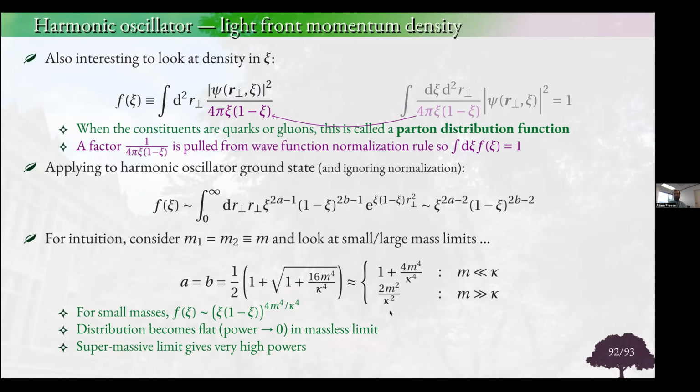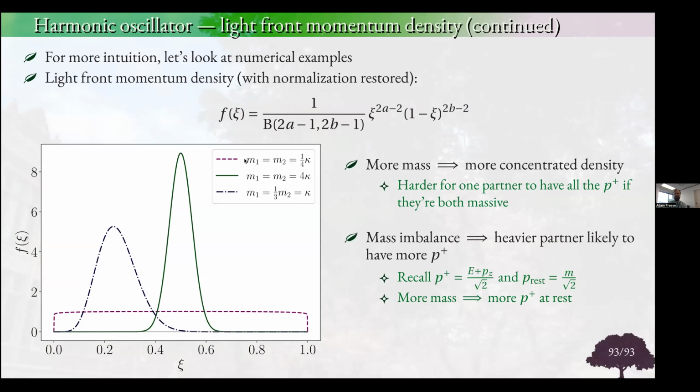Once you actually account for the correct factors, the distribution becomes flat. Oh, sorry, I was being stupid there. There isn't a typo here. It's because the ones combine and it cancels out the two. Anyway, the distribution becomes flat. The power goes to 0 in the massless limit, and the supermassive limit gives very high powers.